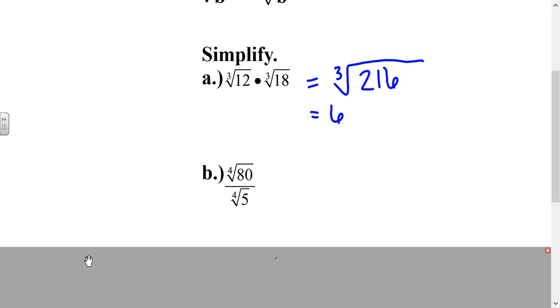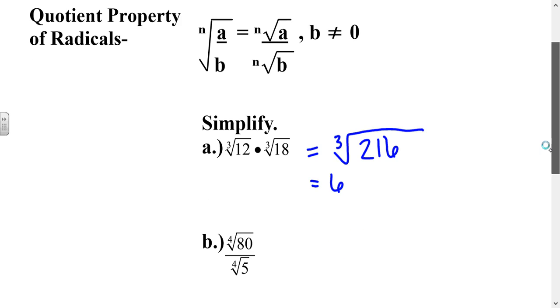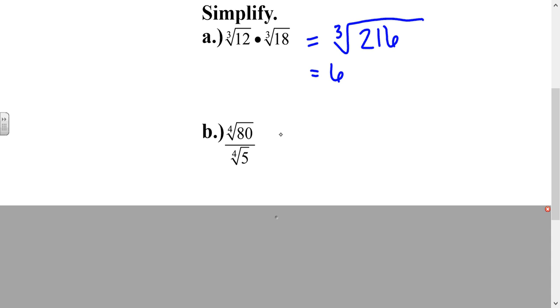So if we have the fourth root of 80 divided by the fourth root of 5, I can use my property. Right now they're split up. I could put them into one fraction and do it that way. So I could make this equal to the fourth root of 80 divided by 5, and 80 divided by 5 is 16.